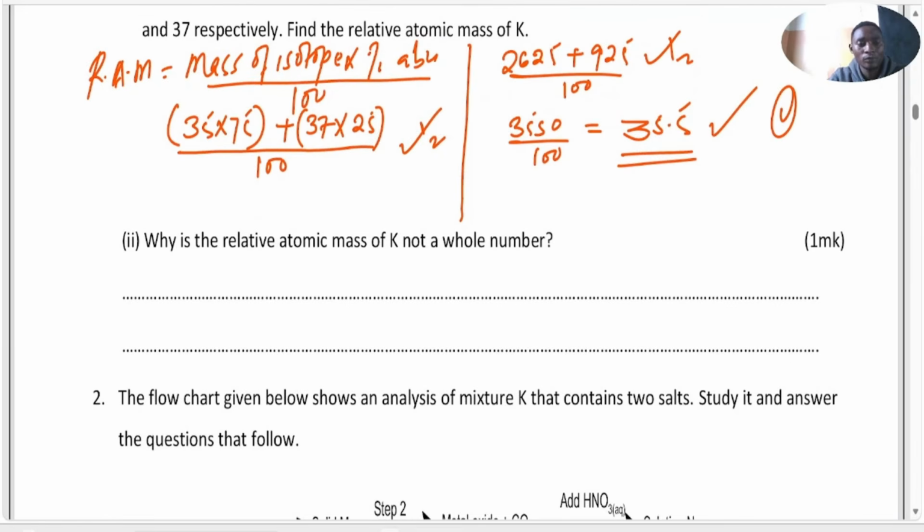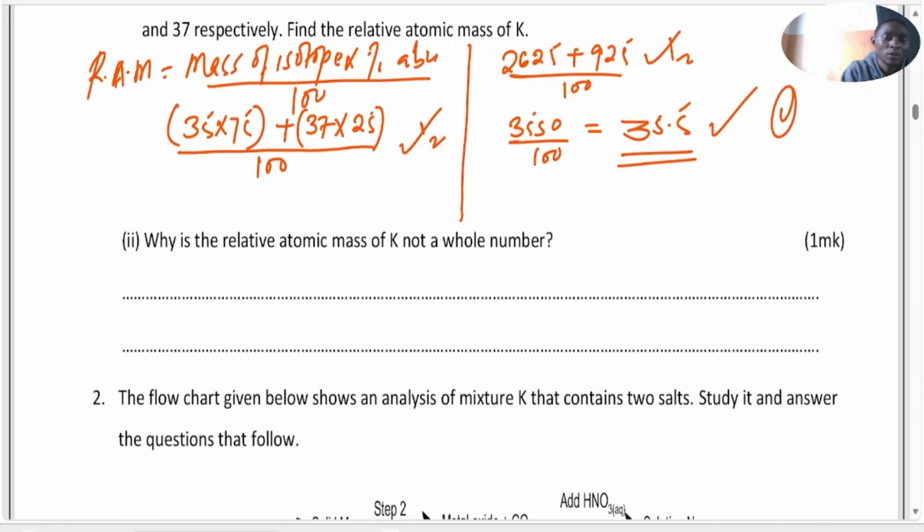Next, Roman 2. Why is the relative atomic mass of K not a whole number? Look at the relative mass, you realize that it's not a whole number, it has a decimal point. The reason is because K exists as a mixture of isotopes. If it exists as a mixture of isotopes, automatically we are getting the average mass.